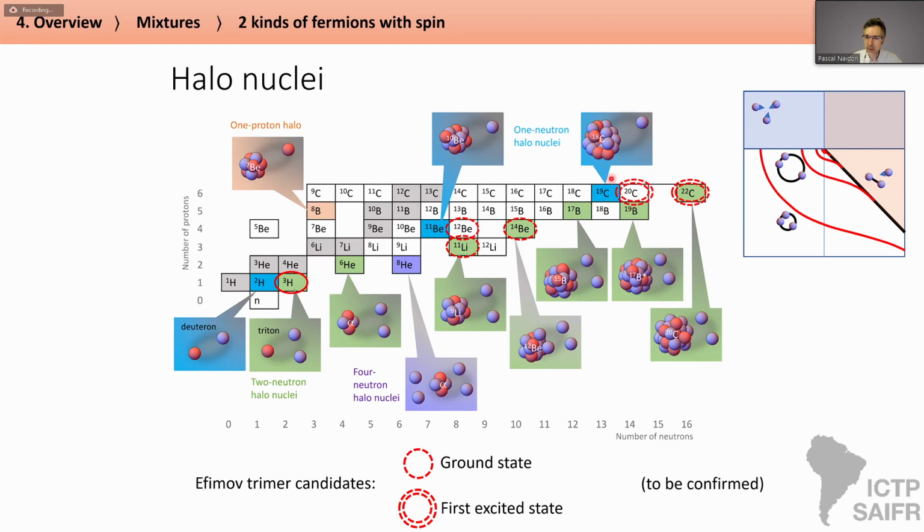So as far as I understand, there's no inconsistency, but there's no clear evidence either that these halonuclei are Efimov states. But this is an interesting point that hopefully there's a way to confirm in the future.